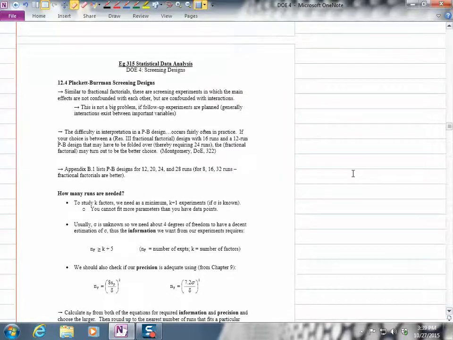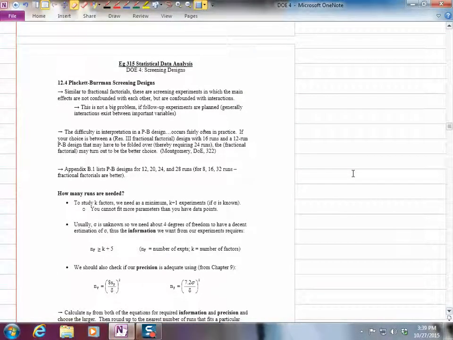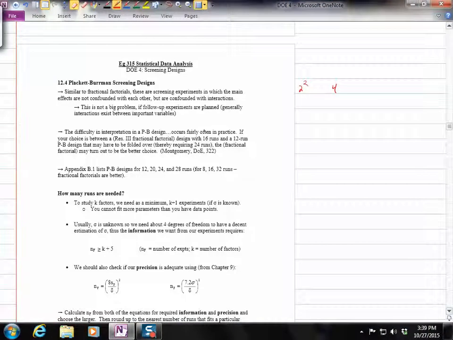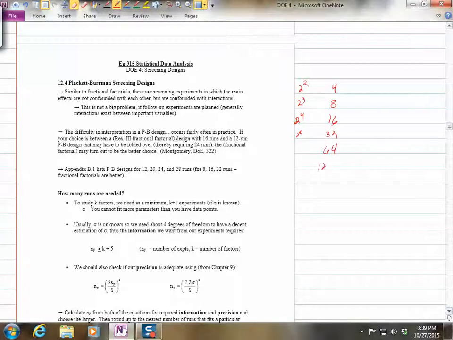Now, we've done screening designs. These are called the fractional factorial screening designs. And I'll just end with one final note: if we have two factors, we have 4 runs, 8 runs, 16 runs, 32, 64, 128, and so on.